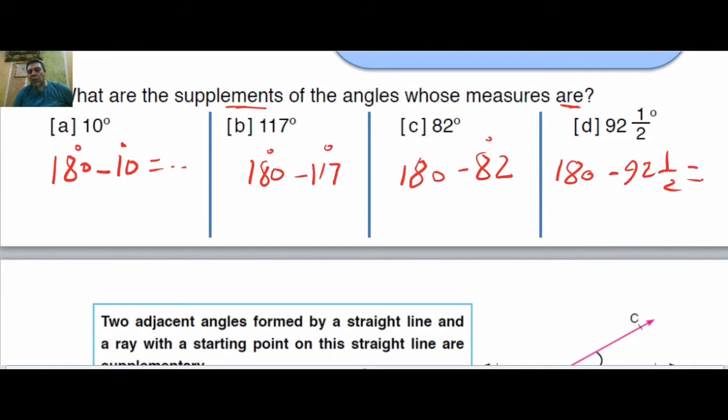To find the second angle, subtract the angle from 180.